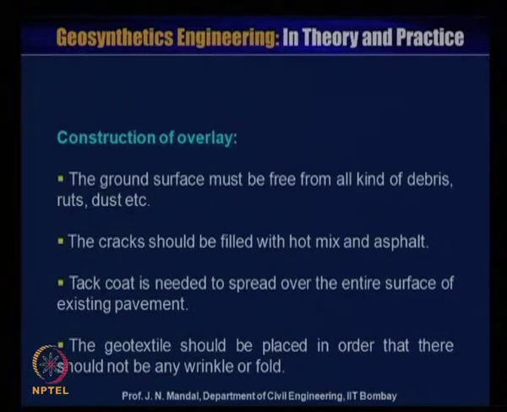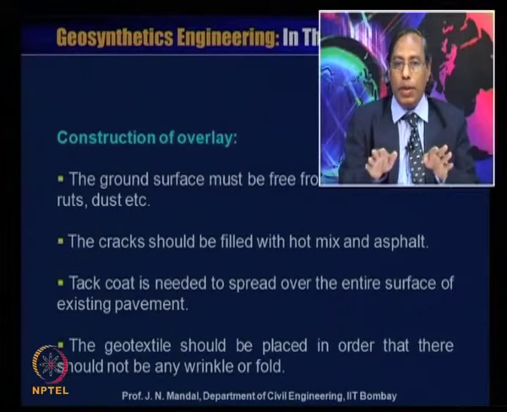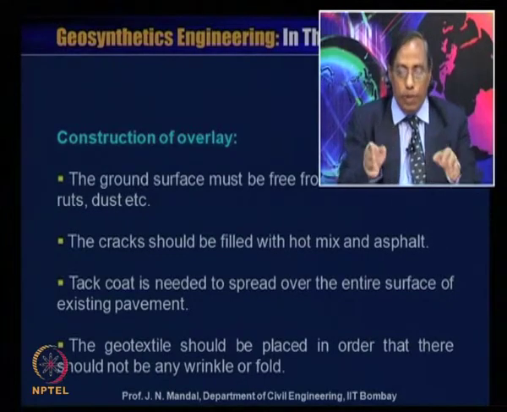Construction of overlay. The ground surface must be free from all kind of debris, dirt, dust, etc. Cracks should be filled with hot mix asphalt. Then tack coat is needed to spread over the entire surface of the existing pavement. Then geotextile should be placed so that there is not any wrinkle or fold.